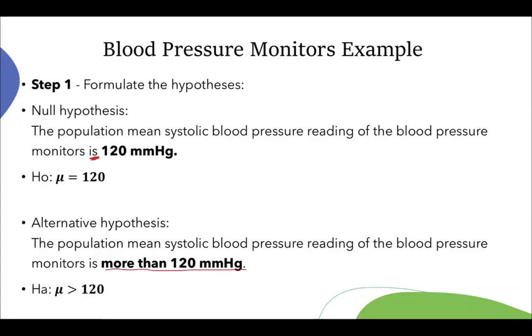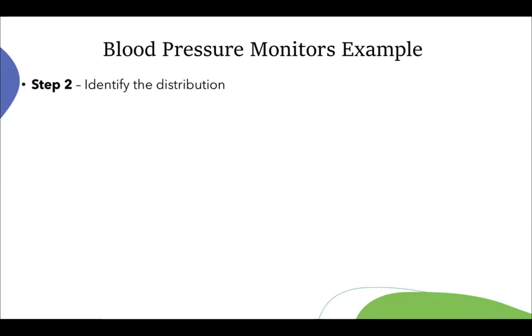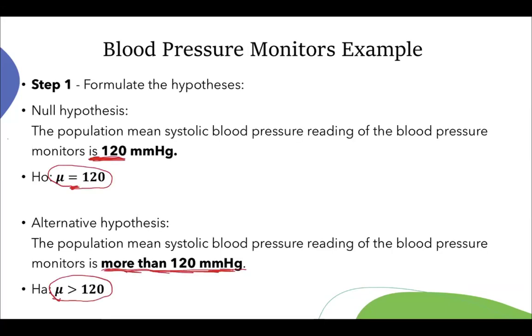Okay, so it is 120 in the null hypothesis and more than 120 in the alternative hypothesis. Equals in the null hypothesis, greater than in the alternative hypothesis. That was step one, writing our null hypothesis and our alternative hypothesis in words and in symbols.